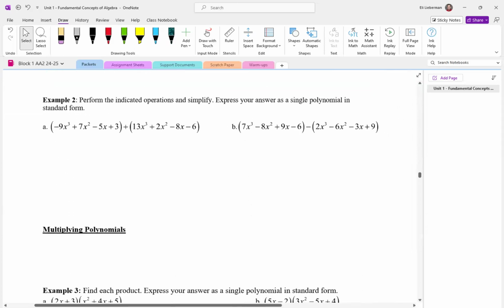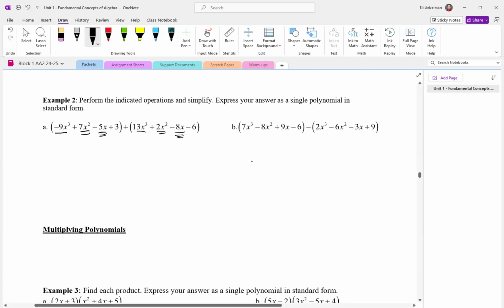Okay. When you perform operations on polynomials, will it be appropriate to use the distributive property for A? No, distributive property happens when you are multiplying. So this, you just combine like terms. I'm just going to do the first one to make sure we're okay. And maybe you can underline the like terms if you want to be complete.